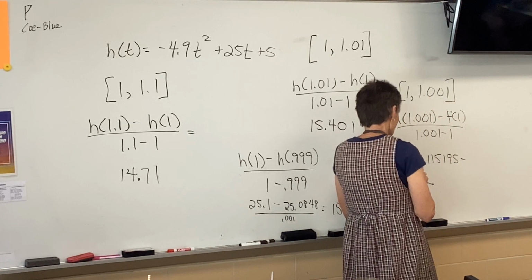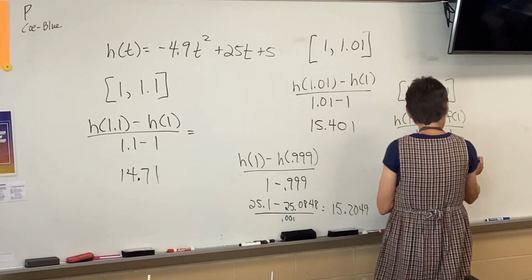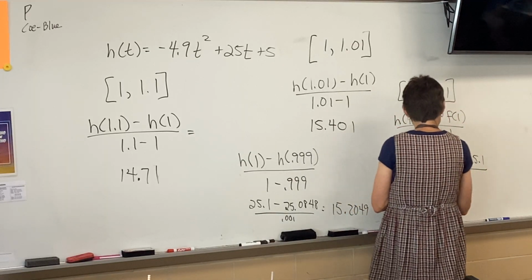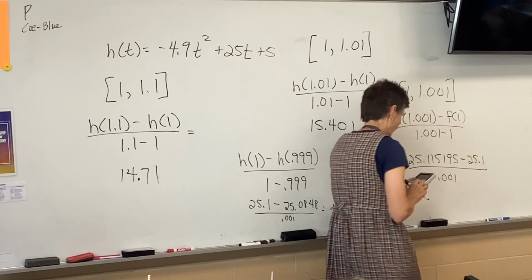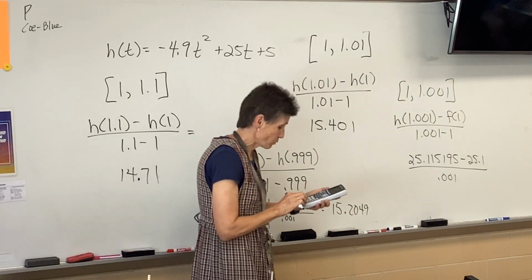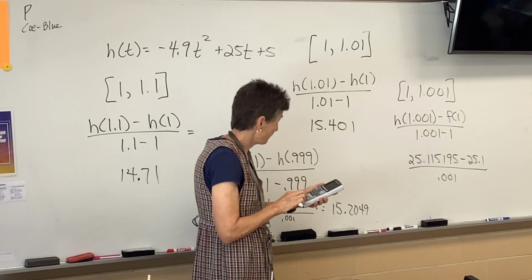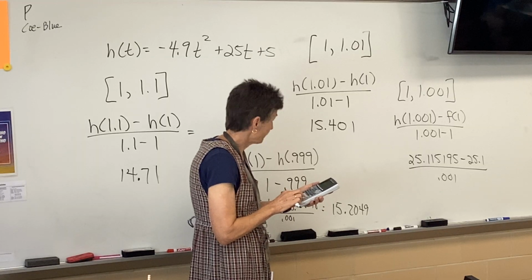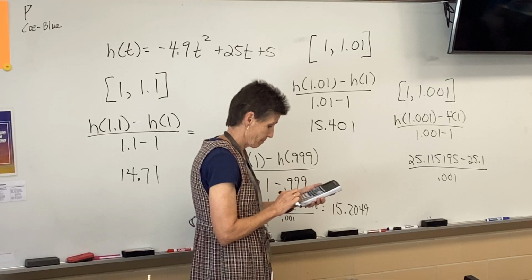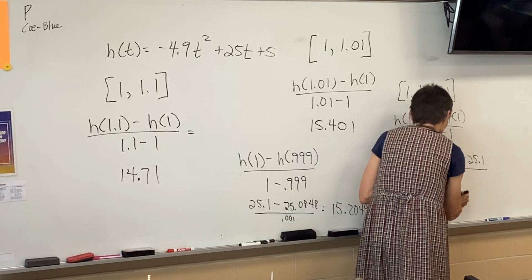And then second trace value 1 is 25.1. And then I can just subtract those. And I got 15.195.